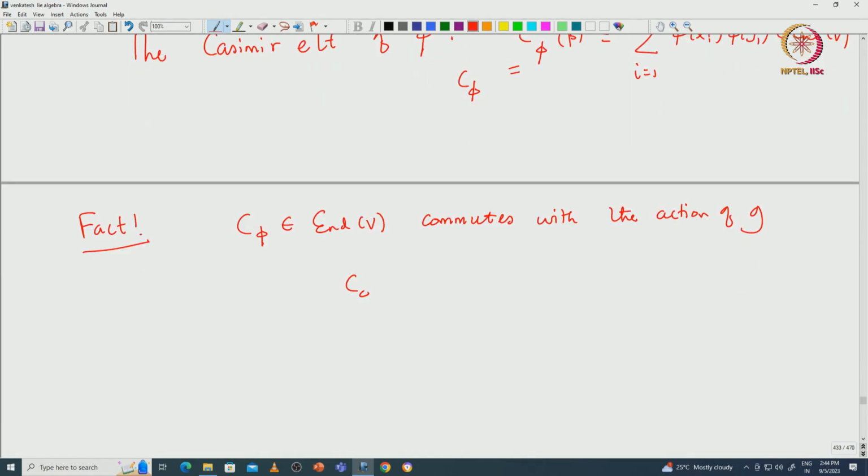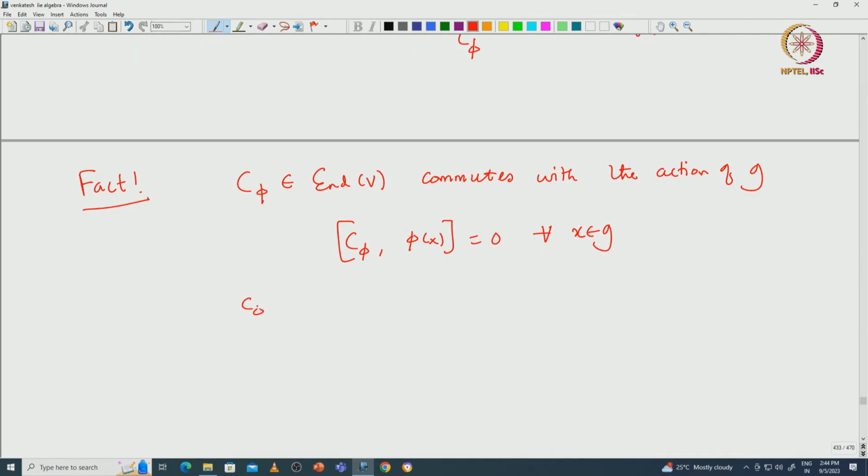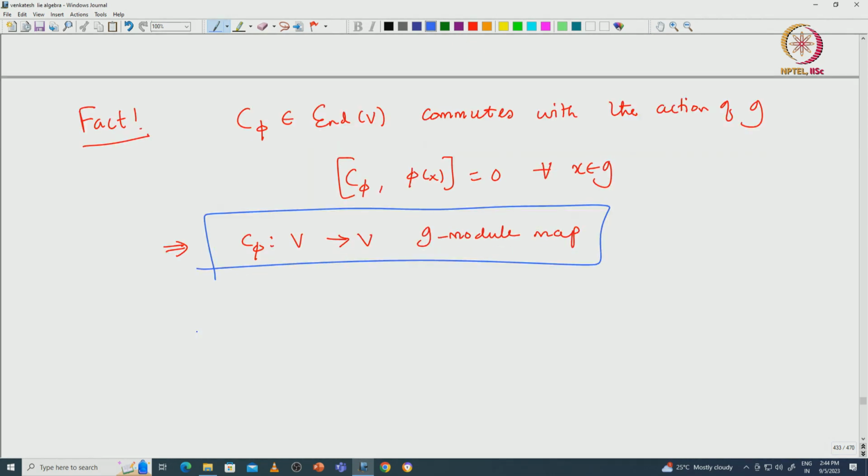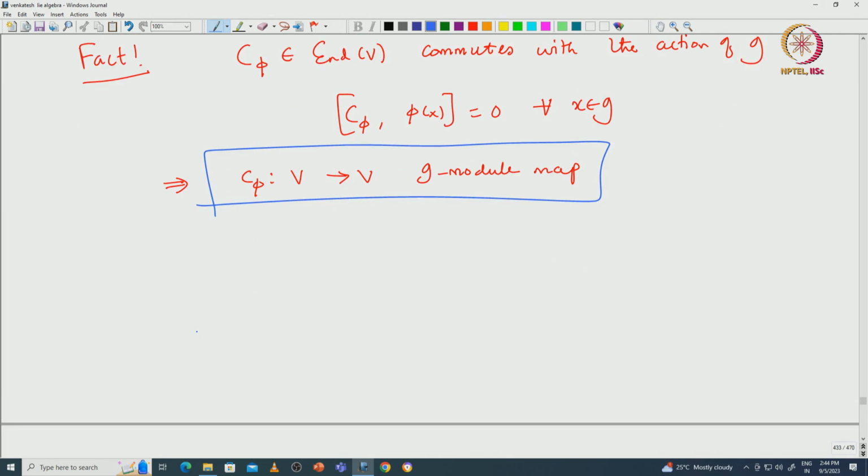That means C pi commutes with pi of x for all x, so the bracket between these two is 0 for all x in G. In particular, this C pi defines an endomorphism from V to V, which is a G-module map. This is the consequence. So, C pi indeed defines an endomorphism, a G-module map. Let us do this computation and then check this.